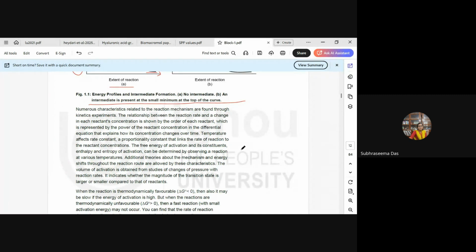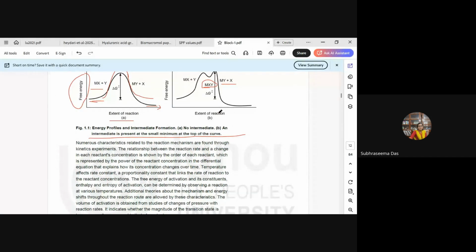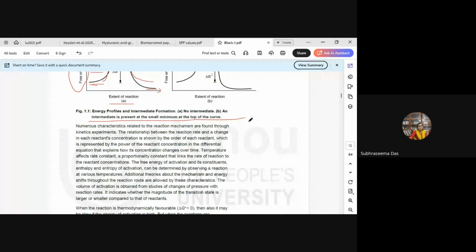So the free energy, we know delta G is a free energy, which is also affected by the nature of the reaction during the substitution reaction. Temperature is also important, because we know that delta G is given as delta H minus T delta S. So temperature also affects. If we change the temperature for a particular reaction, then we can see the change in the rate of the reaction.